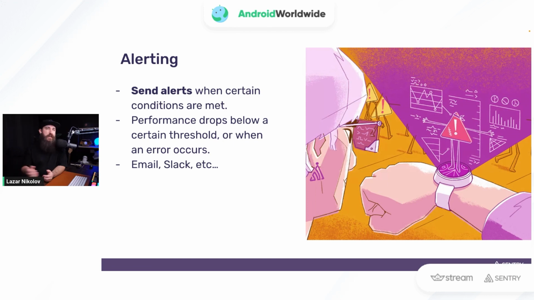That might mean that your backend is slowing down, etc. Or even more complex scenarios where a certain issue happens on X amount of users in Y amount of time. That is a valid alert criteria. And as they happen, you can get an email notification or Slack notification, so you can be more proactive and go and fix the bug, right?